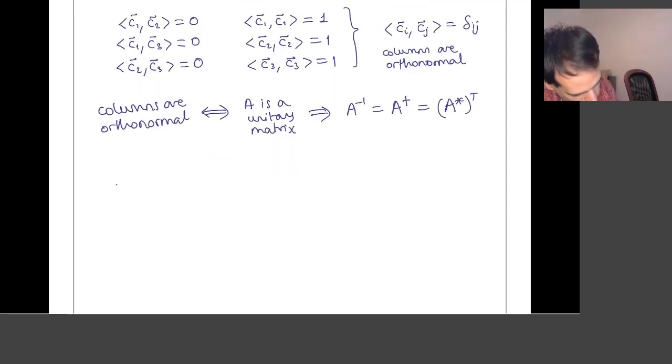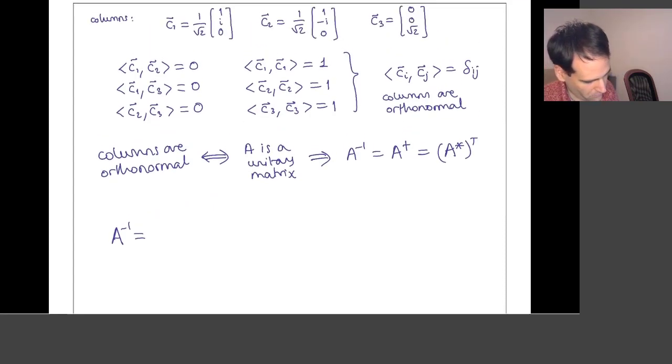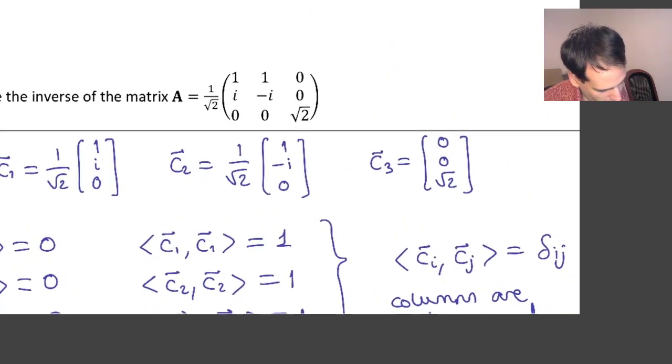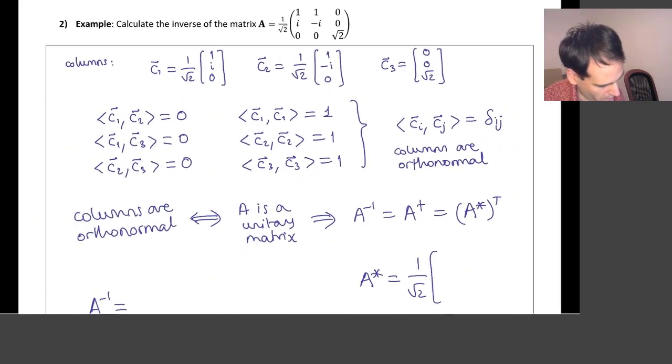So let's do that. So A to the minus 1 is A complex conjugate transpose. So let's first calculate the complex conjugate. So it's going to be 1 over square root of 2. Remember, the original matrix is here, 1, 1, 0, I, minus I, 0.